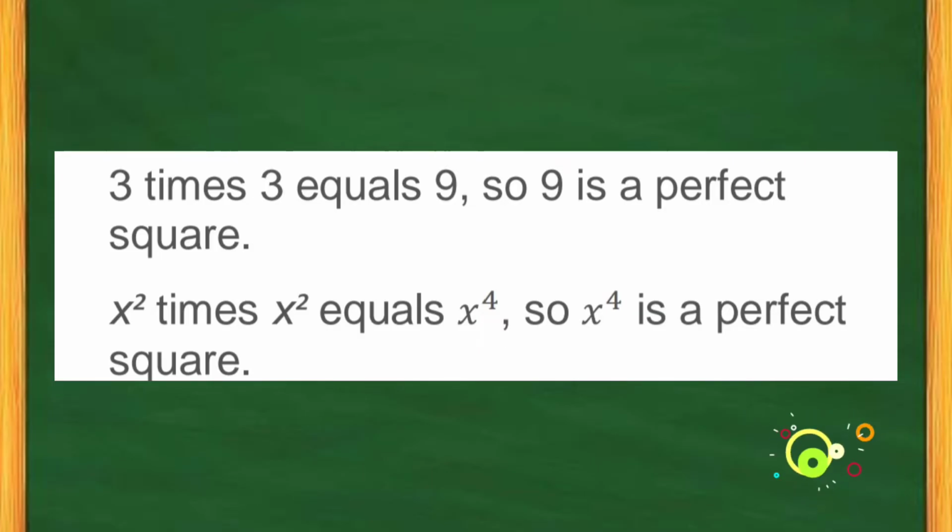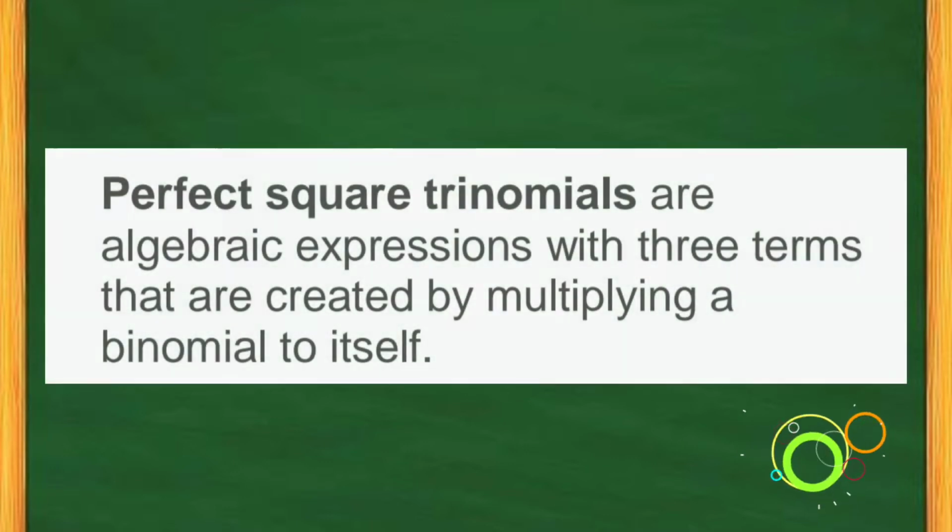Gaya na lamang nito, 3 times 3 equals 9. So 9 is a perfect square. X squared times itself, x squared, equals x to the 4th power. So x to the 4th power is also a perfect square. So ganun lamang po ang perfect square na numbers.